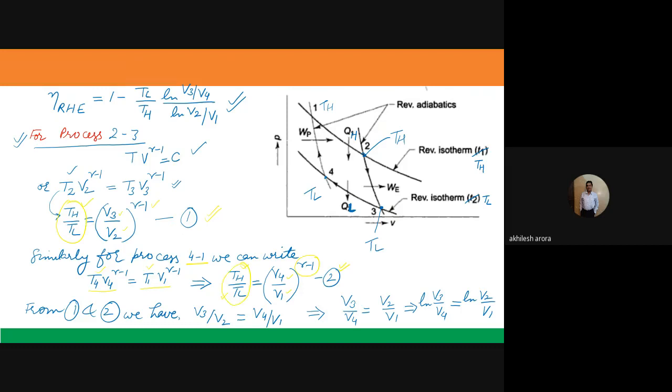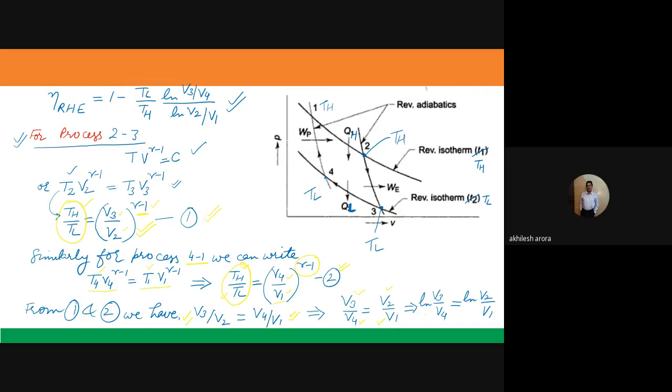So the right hand side should also be equal. So V3 by V2 raised to power gamma minus 1 should be equal to V4 by V1 raised to power gamma minus 1. Because both have the same powers, this will cancel out and we will be left with V3 by V2 is equal to V4 by V1. Then we can rearrange these terms and say that V3 by V4 is equal to V2 by V1.